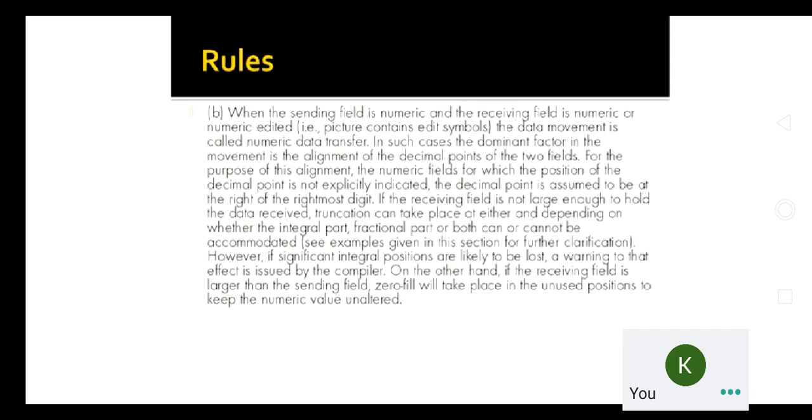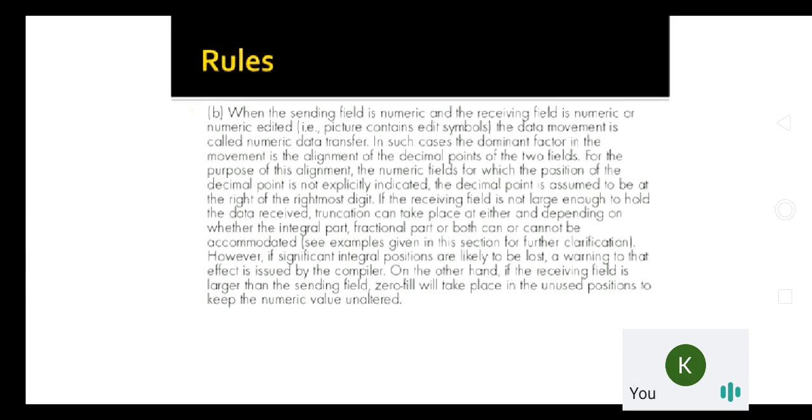Suppose the sending field is the smaller one and the receiving field is the larger one, it won't be a problem. It simply receives the value and occupies it, and the remaining positions will be filled with blank spaces. So that's the important problem that we have over here.